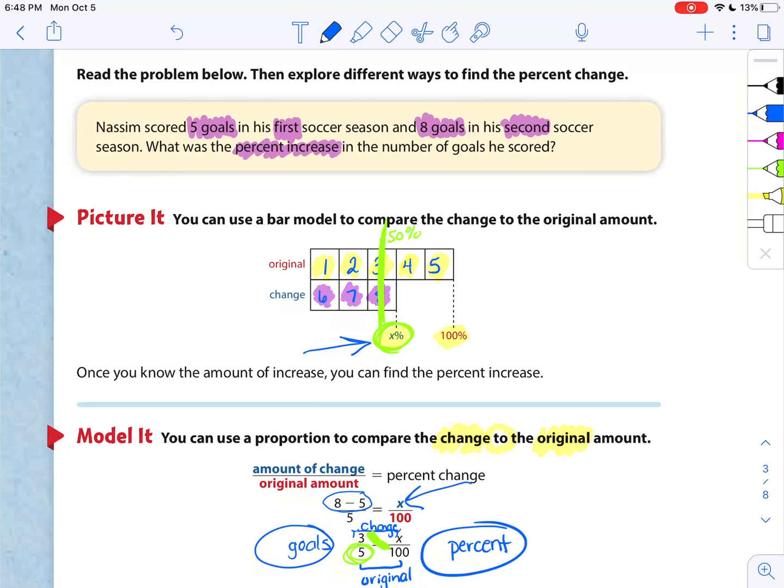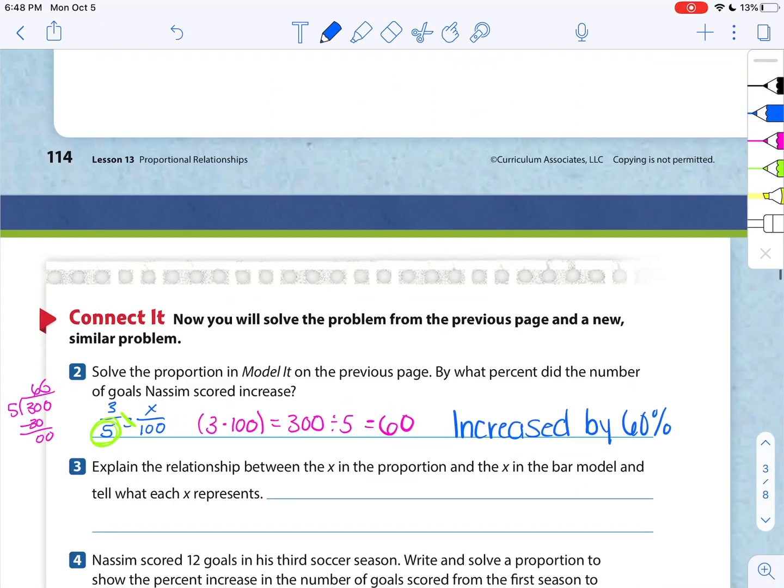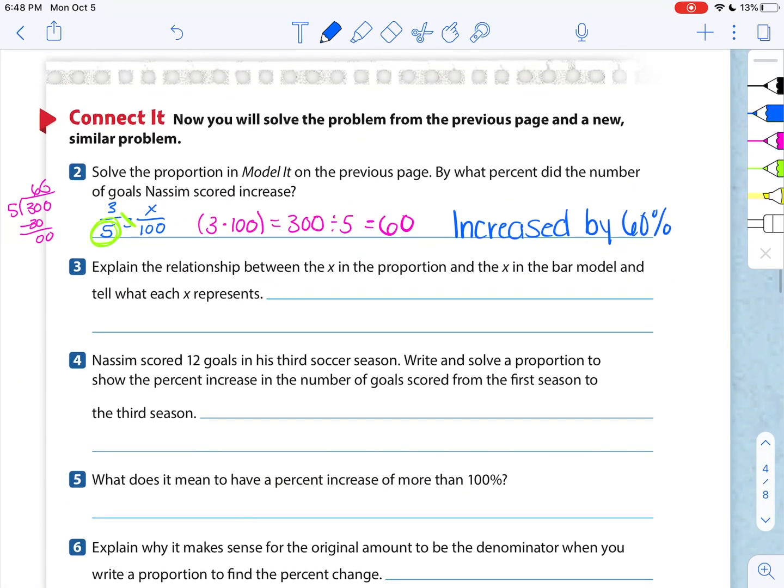So number 3 wants you to explain the relationship between those two. Well, the relationship is that they are the same. That x represents the same thing. It's just in 2 different situations, 2 different ways that we can solve it.